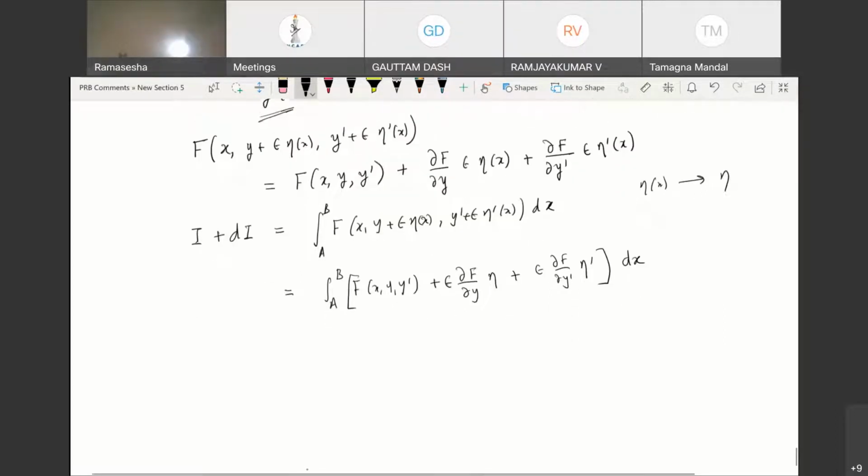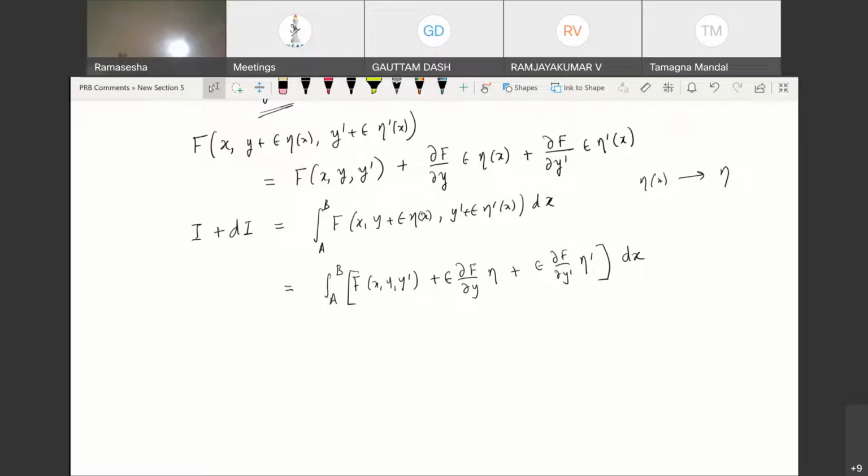Okay, so if I take dI, it is equal to epsilon times the integral of del f by del y eta dx, these are all partial, plus the integral of del f by del y prime eta prime dx.